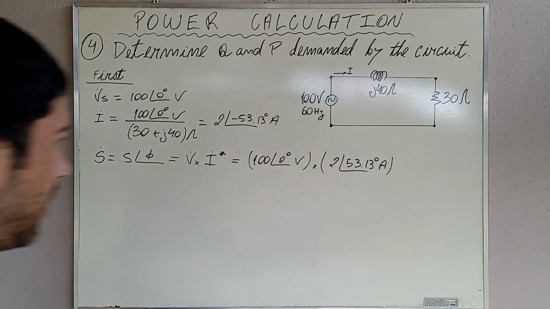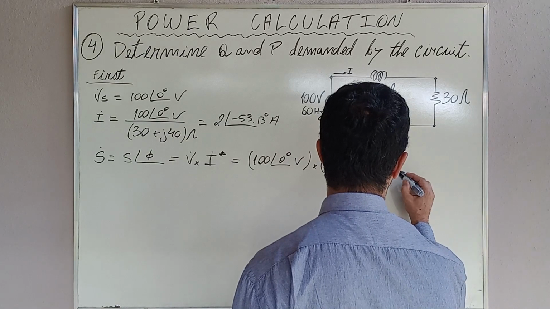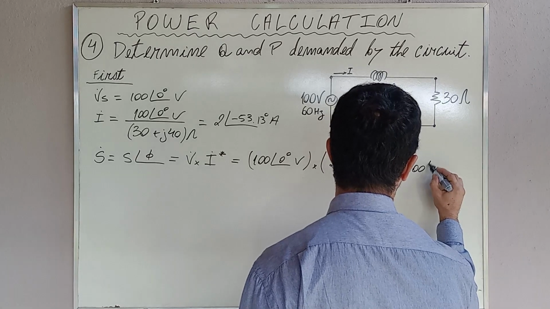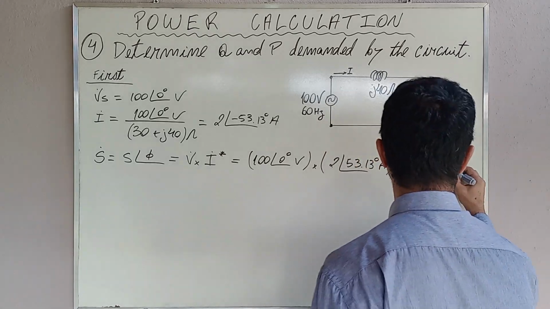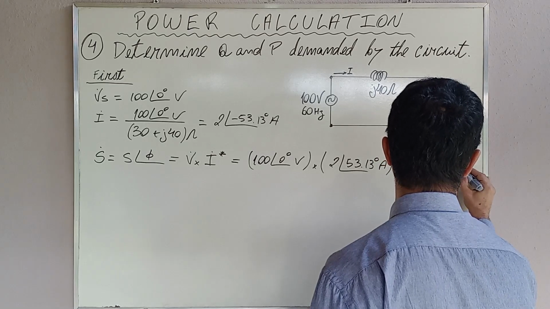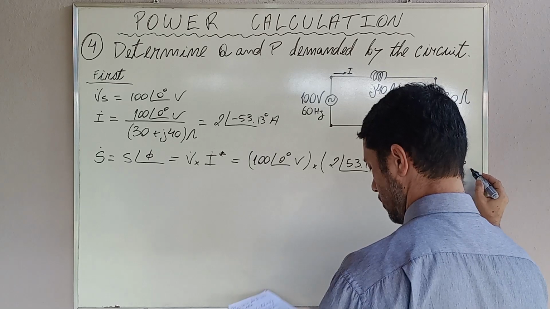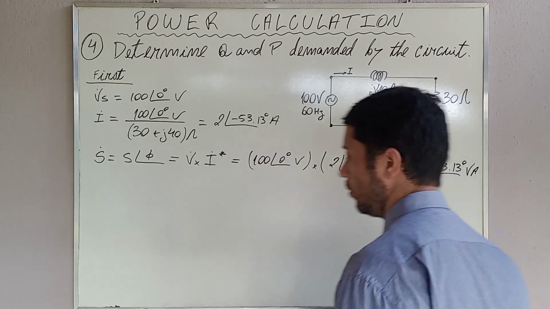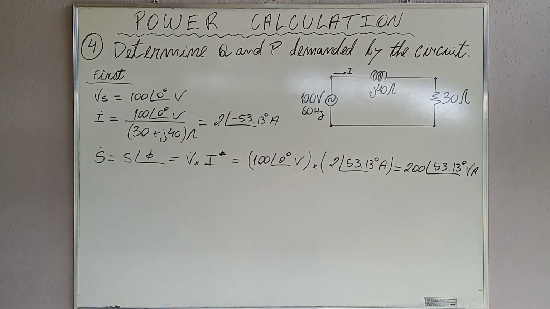And this is equal to 200 phase 53.13 degrees volt-ampere. This is the complex power. We calculated the complex power, and with the complex power we can calculate the active power and the reactive power.